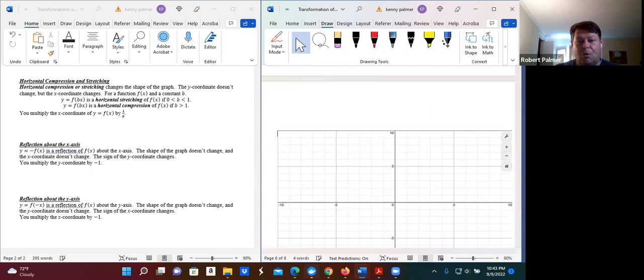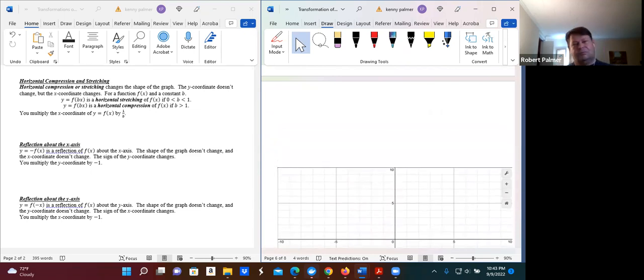We also have a horizontal reflection, a reflection about the y-axis. And this is a horizontal reflection.